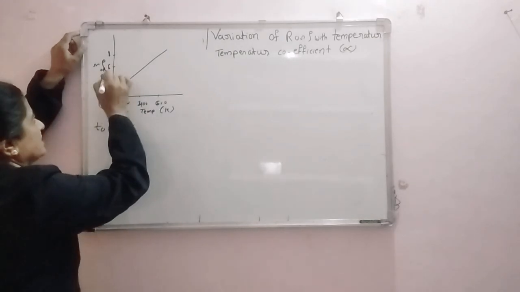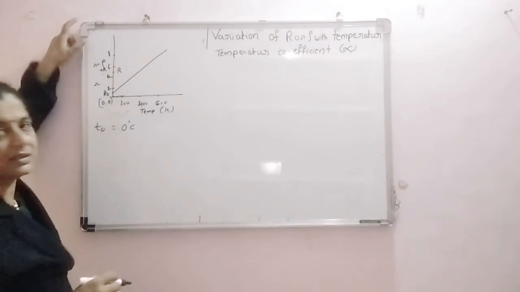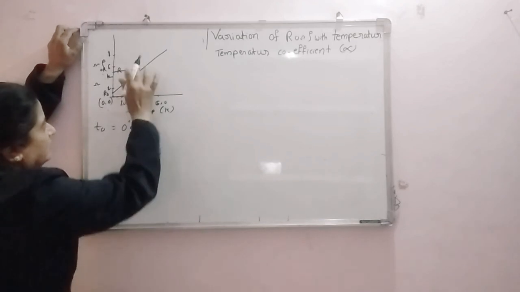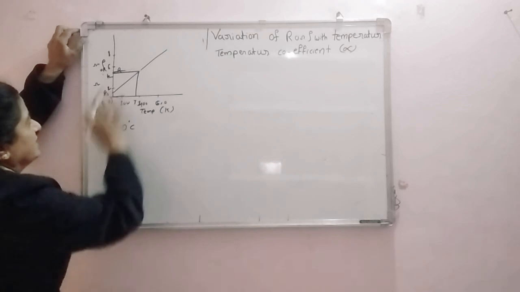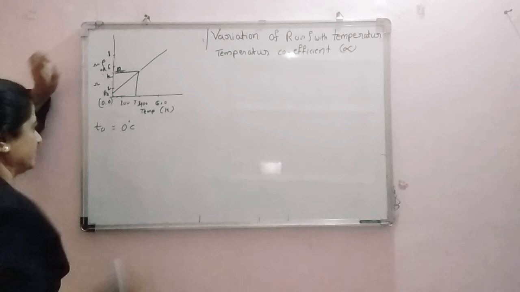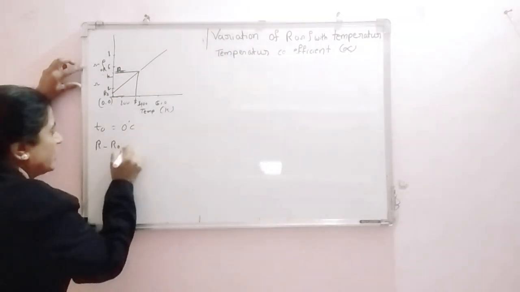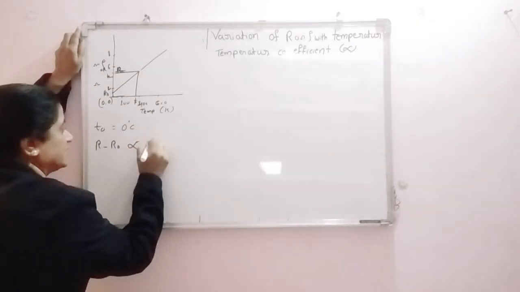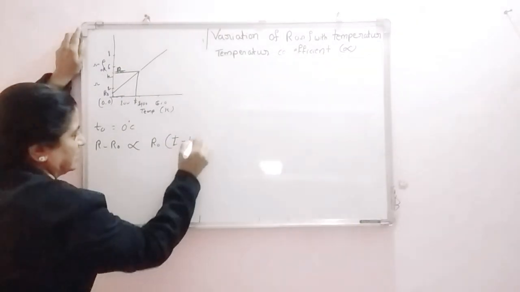If you measure the resistance at a certain value R, the temperature will have changed. Consider that the temperature is T and at temperature T the resistance is R, that is R is the final resistance and T is the final temperature. So, the change in resistance R minus R0 is proportional to the initial resistance R0 and the change in temperature T minus T0.